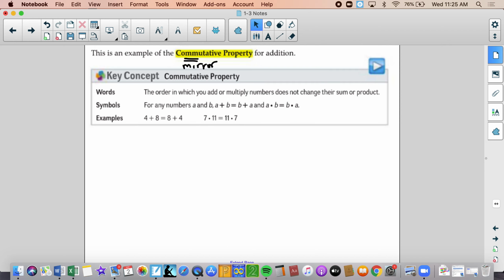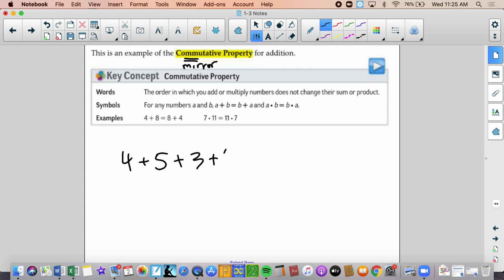To show it even bigger, if we have 4 plus 5 plus 3 plus 6, what would we want to add first? Looking at this list of numbers, I'd want to add 4 and 6 together. So we can commute that.